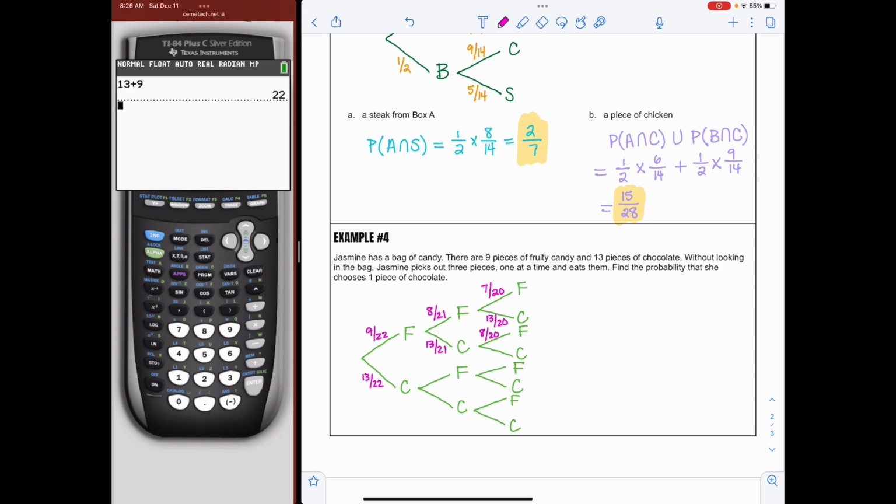And the probability of me getting another chocolate after a chocolate has already been eaten will end up being 12 out of 20. Then if we go to the chocolate side, I'm going to try to move this down just a little bit.